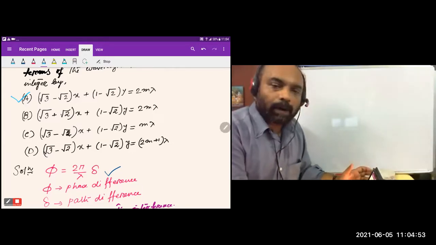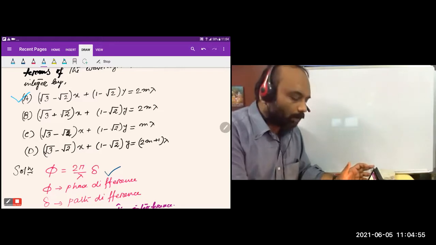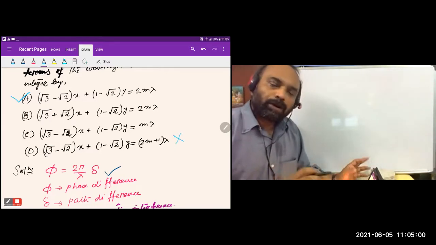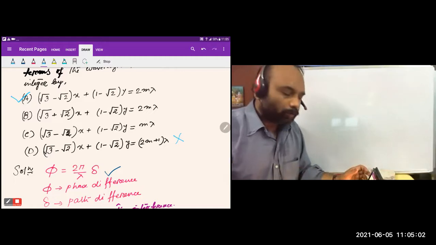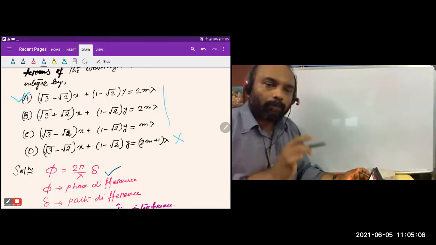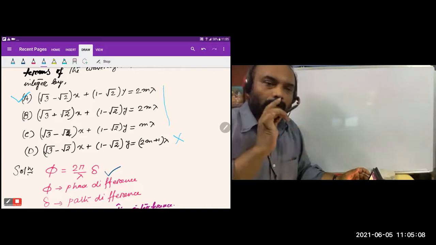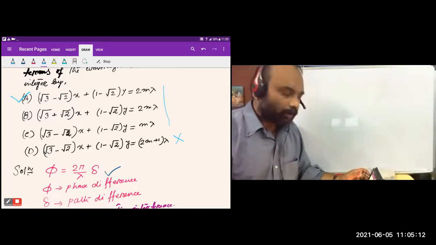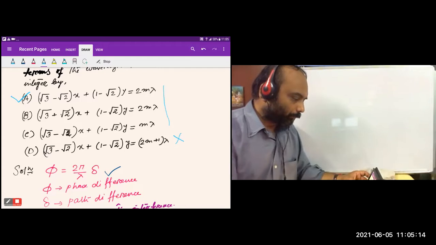And since it is the maximum, that means constructive, the fourth one you can initially ignore. So you have to find the right option from options A, B, and C. So our option A is right.